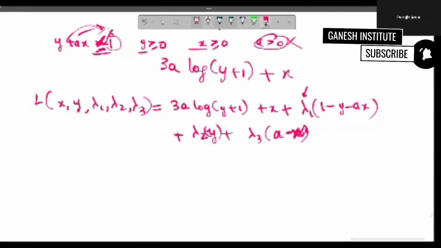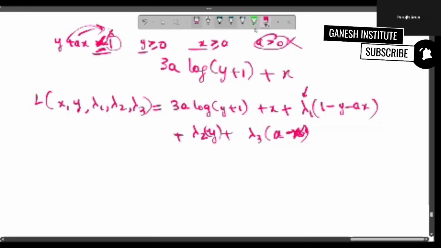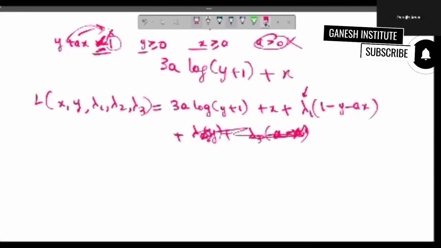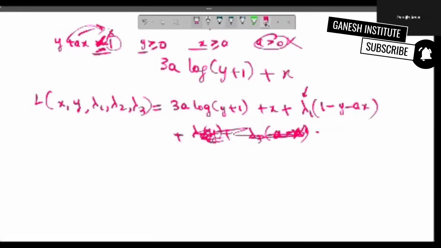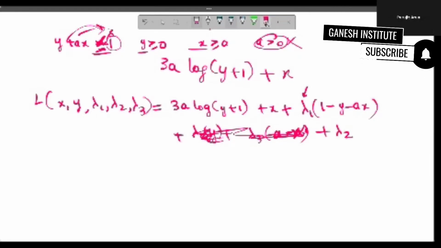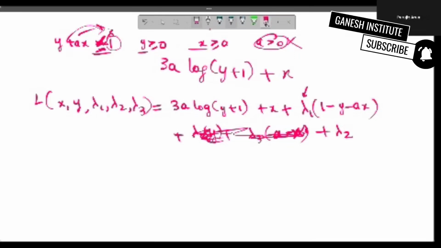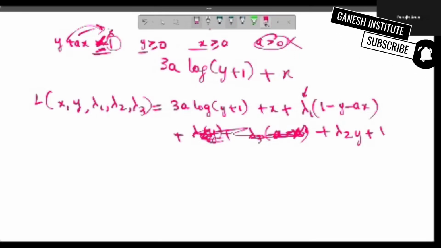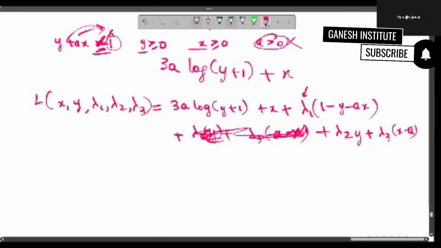I'll rewrite it this way. Let me cut it down. Okay. So plus lambda 2 y plus lambda 3 x minus a, because these are greater.